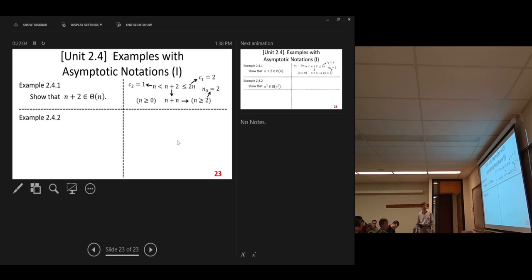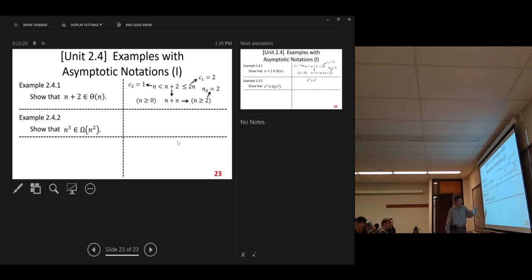Example number 2. Show that n cubed belongs to big omega of n squared. I think you know big omega, right? Lower bound. Constant multiple of lower bound. n cubed greater or equal to some constant c times n squared. But you need to find n0. So lower bound. n cubed greater than n squared where n greater or equal to 0.